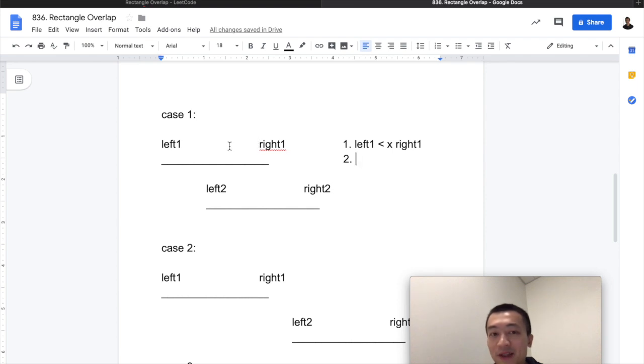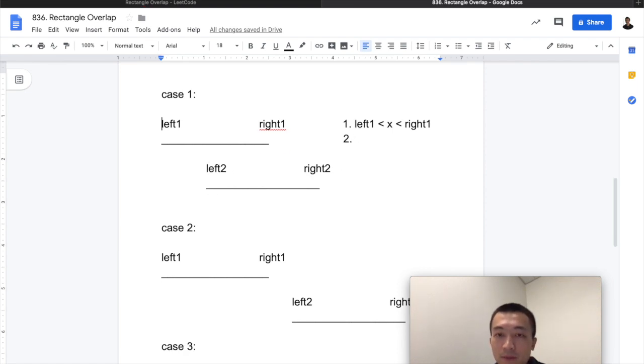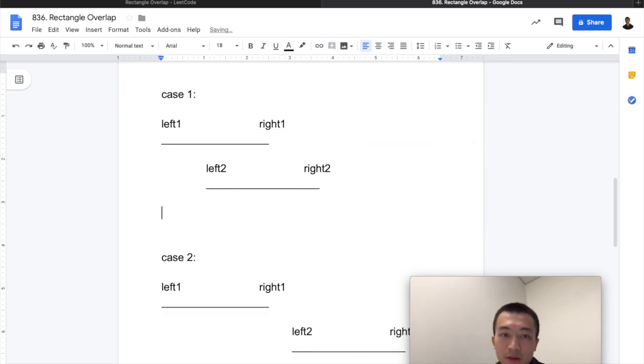Left 1 on the 2D plane, left side must be smaller than right side. So there must be one point on this 1D plane. The same is also true for left 2 and right 2. Let me just copy this over to here so that we have more space to write. I'll just write everything down here.